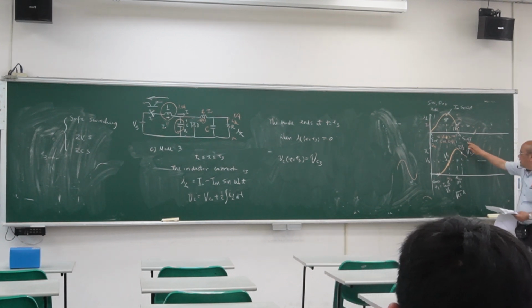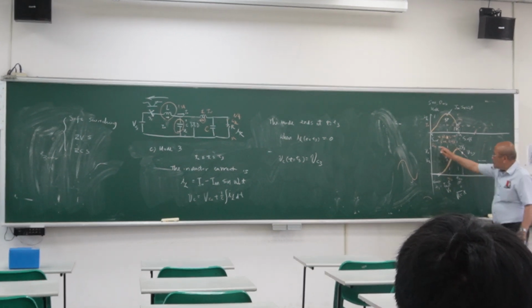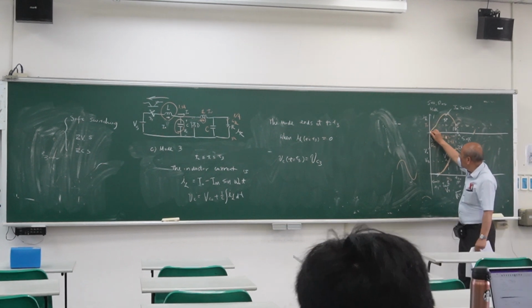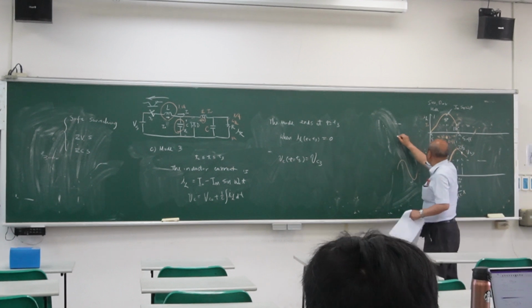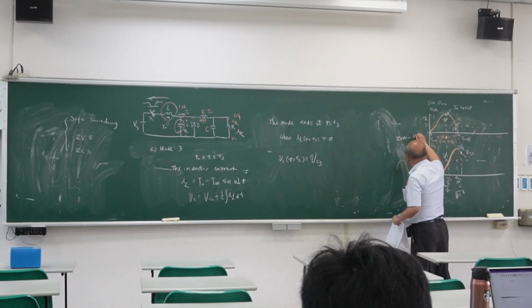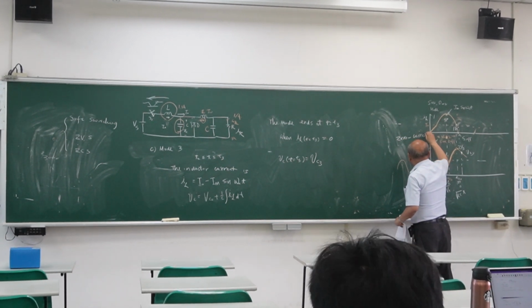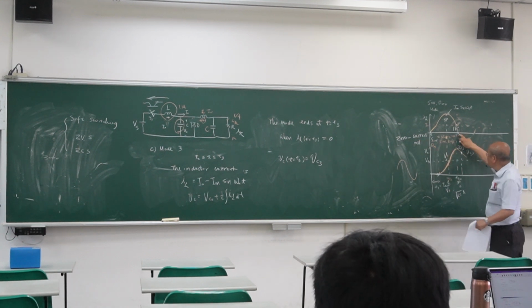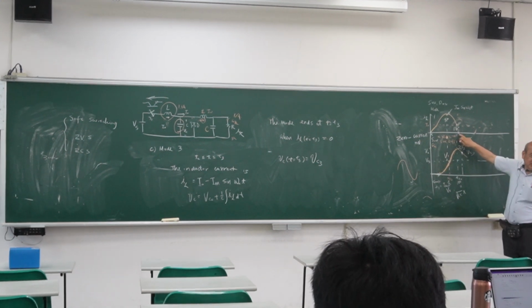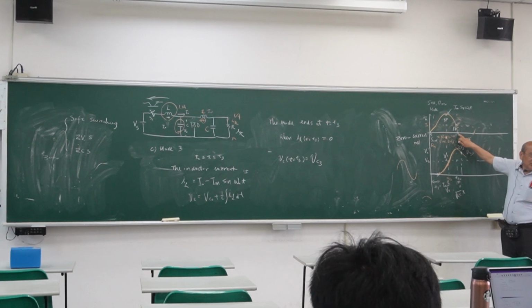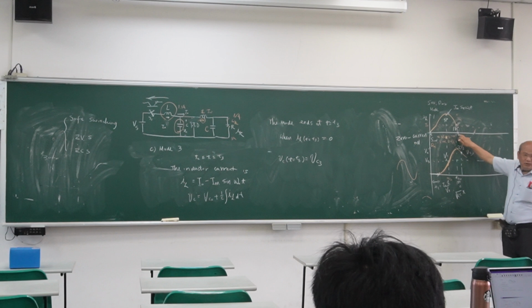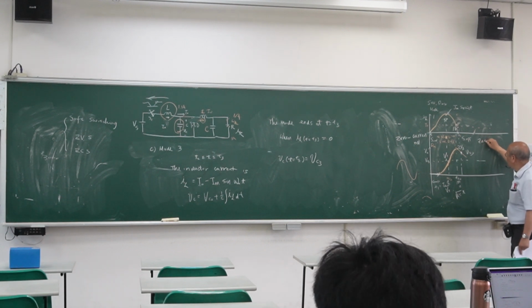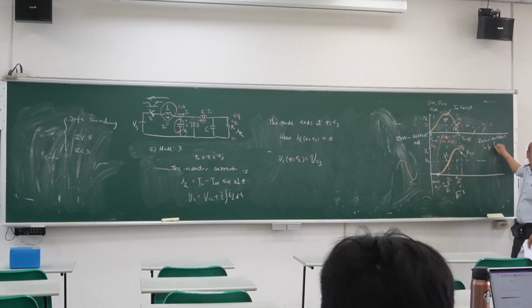So S is off here. So when the switch is on, what is the current? Zero. So zero current on. When the switch is off here, what is the value of the current? Zero. So zero current off, right?